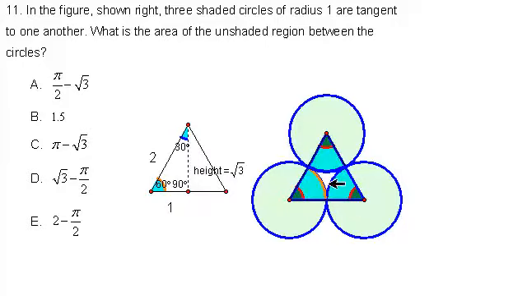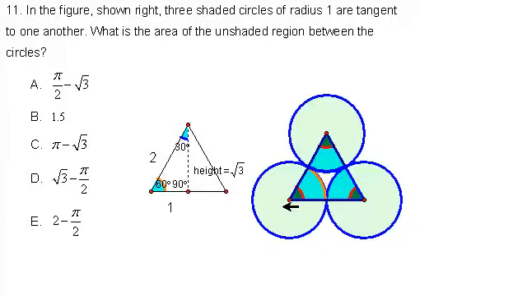Now in order to find the area, I have to find the area of this triangle, which is an equilateral triangle. Why? Because each side is the diameter of the circle. This is a radius and this is a radius, so the whole thing is a diameter from here to here.